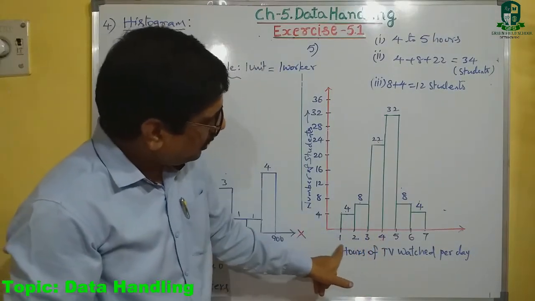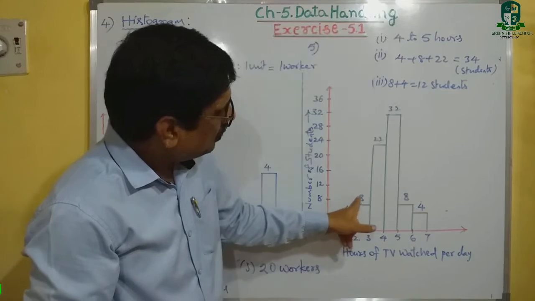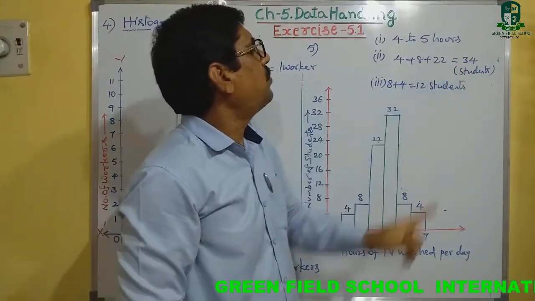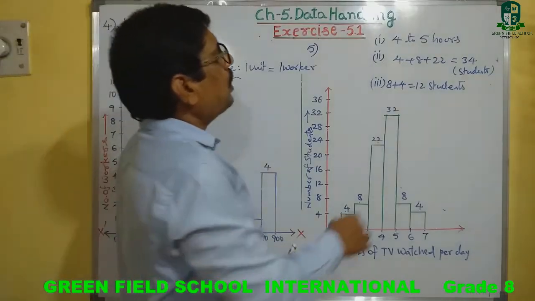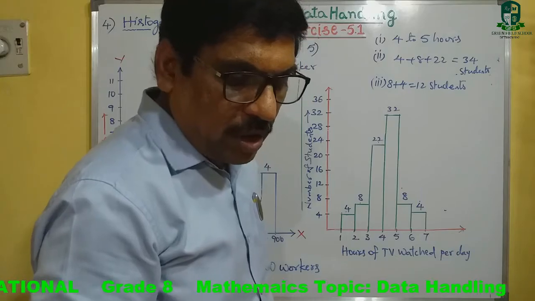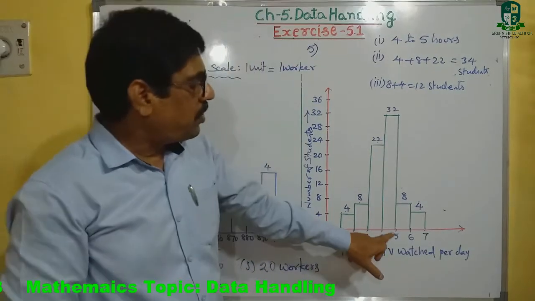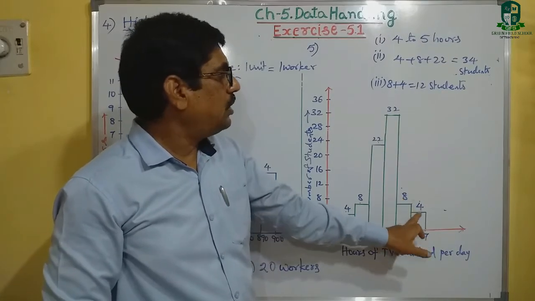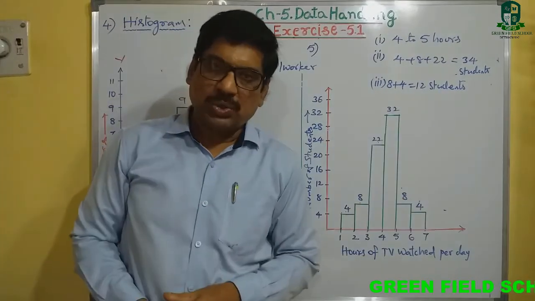Means 3 to 4, 2 to 3 and 1 to 2. We have to add this one, this one, this one. That's why I added 4 plus 8 plus 22. That is 34 students. The third question is how many students spent more than 5 hours? More than 5 hours means it may be 5 to 6 or 6 to 7. So we have to add these two. 8 plus 4, 12 students.